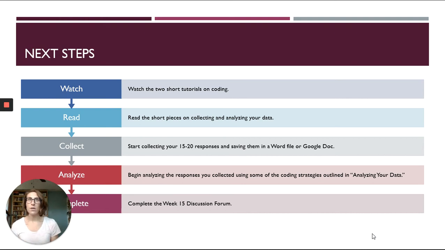Read the short pieces on collecting and analyzing your data to get a little bit more of an idea of how to go about analyzing your data. Start collecting your 15 to 20 responses and saving them in a Word file or a Google Doc. Begin analyzing the responses you collected and using some of the coding strategies outlined in analyzing your data. And finally, complete the week 15 discussion forum. That's going to help you get a little bit more in-depth into the data analysis process for this project.